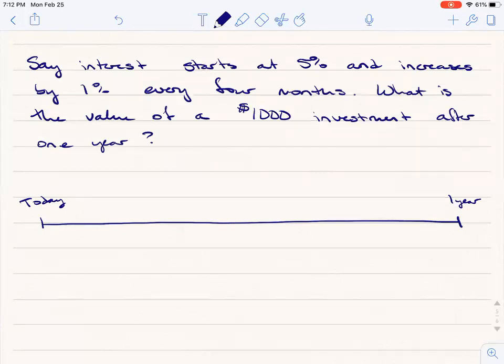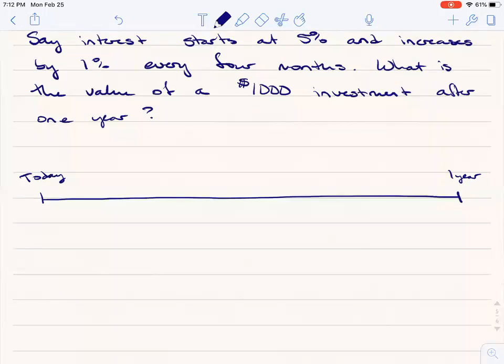One at 4 months, at 8 months, and then at 12 months, which is a year. So there's really only 2 tick marks to add. Every 4 months the rate is going to change.